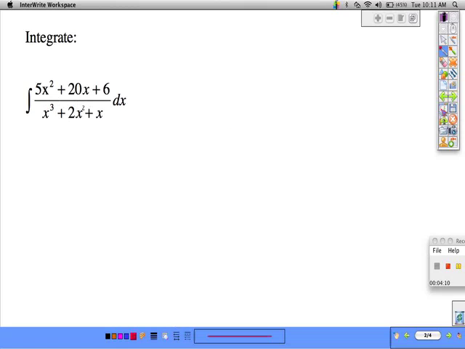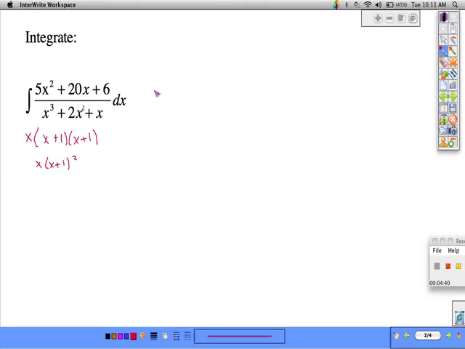Now let's amp this up a little bit. Now we don't have just a nice constant on top, and we don't have a nice quadratic on the bottom. We're still going to look at the factorized form of the bottom, and the bottom factors into x times x plus 1 times x plus 1. In other words, x times x plus 1 squared.